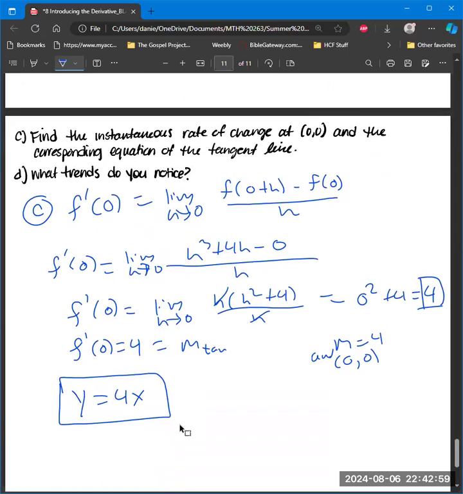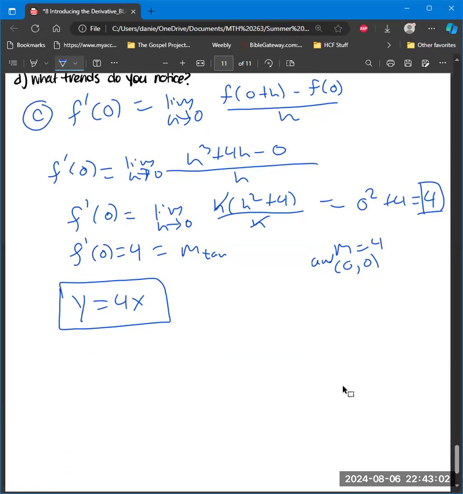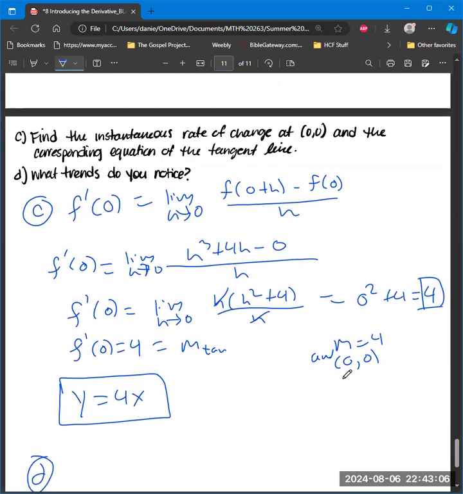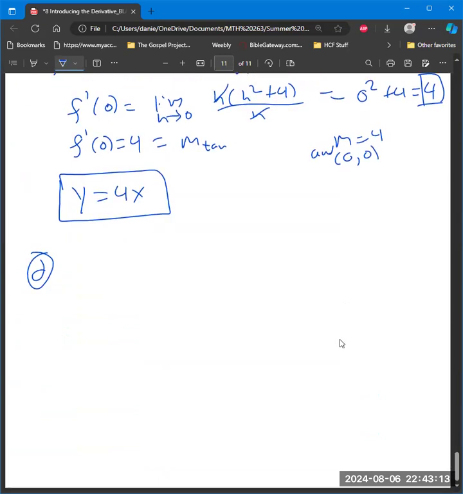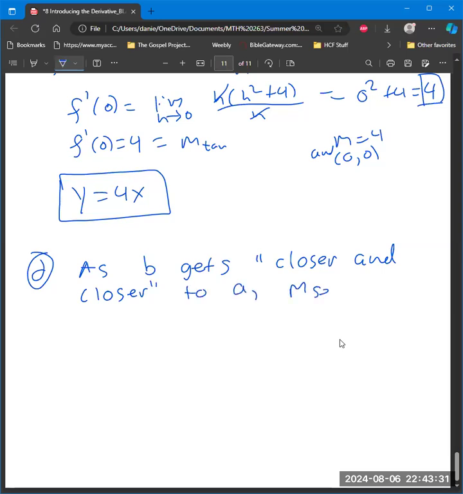Let's go ahead and say what trends do we notice for part D. As b gets closer and closer to a, the slope of the secant line, or we could say as b approaches a, the slope of the secant line approaches the slope of the tangent line.